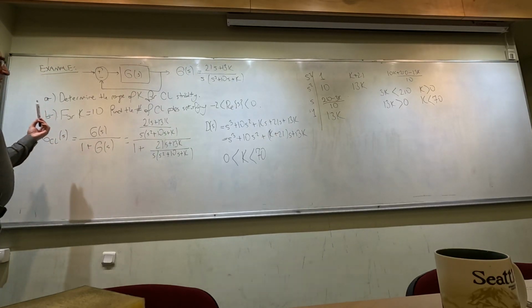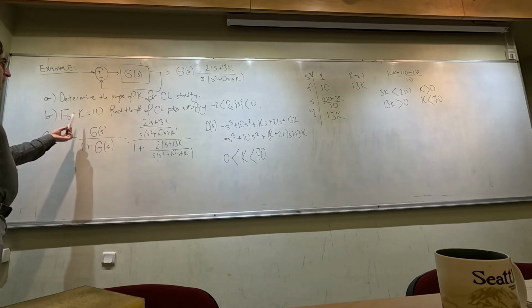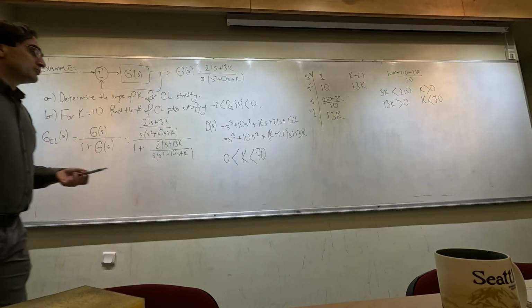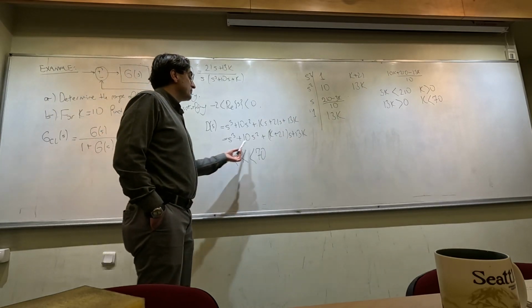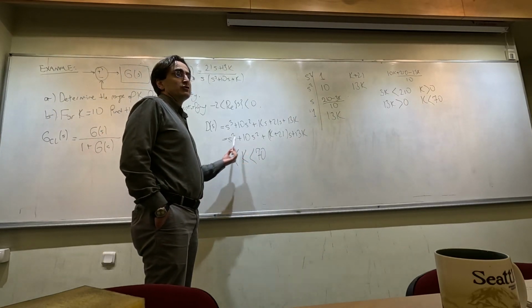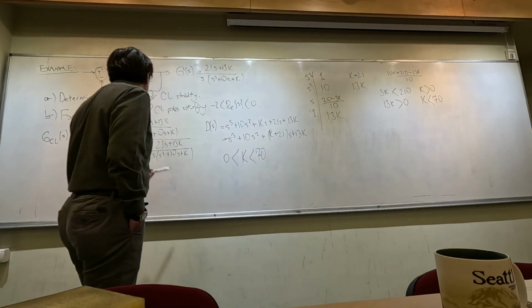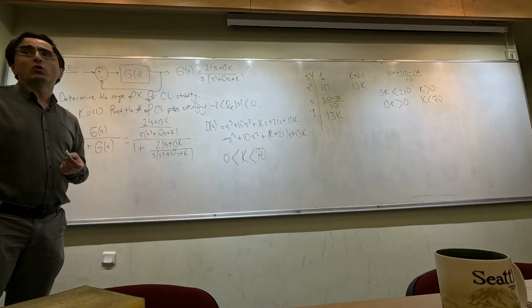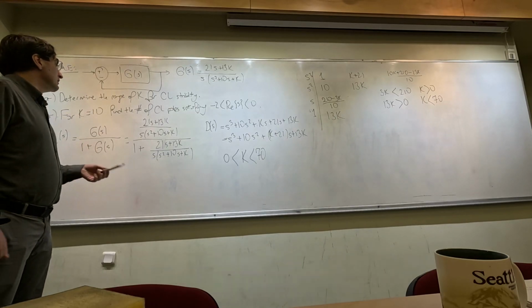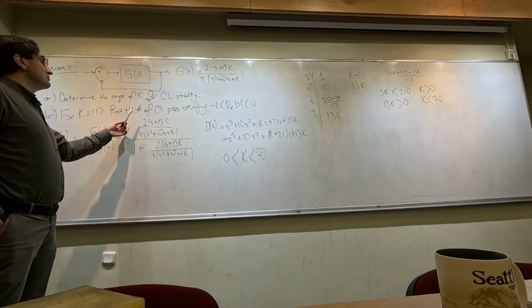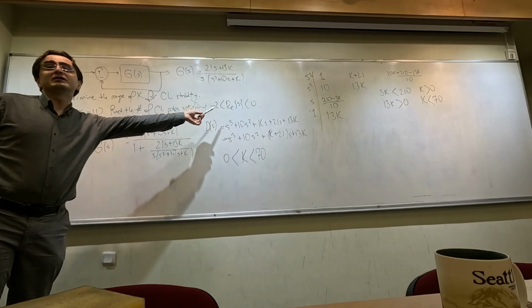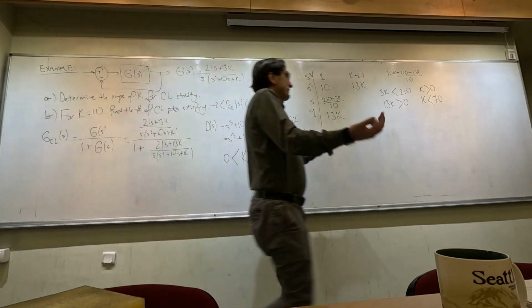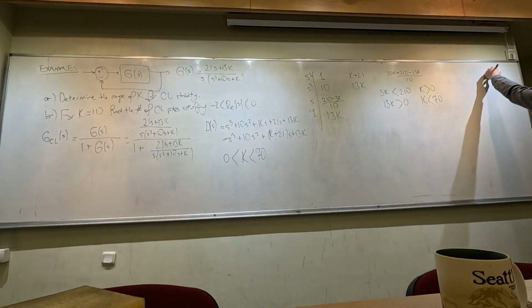The second task is asked as the following. For K equal to 10, I know that this is in the stability range. That actually means that for K equal to 10, all of the roots are in the open left half plane. Okay? We are asked about the number of closed loop poles satisfying this inequality. So what does that inequality mean?